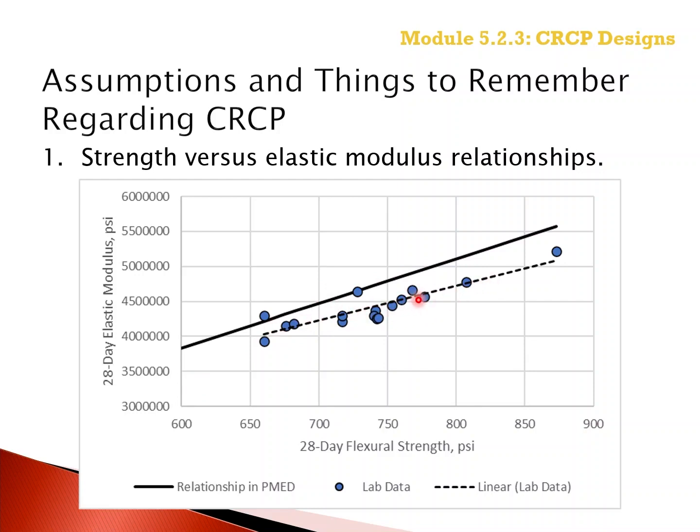The laboratory measured values above the solid line, or the regression equation included in the software, mean the strength and elastic modulus of the PCC mixtures are less resistant to fatigue cracks, or the number of punch-outs, in comparison to the Pavement ME design software regression equation, while the laboratory measured values below the solid line, which include most of them, represent concrete mixes that are more resistant to fatigue cracking or the number of punch-outs.